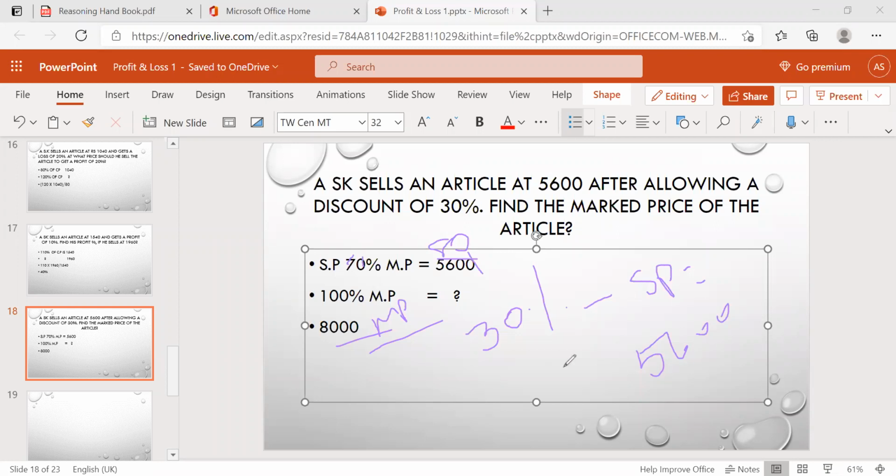Guys, if you subtract this from 8,000, then we'll get the discount, right? So 8,000 minus 5,600 is nothing but 2,400. Is it clear?